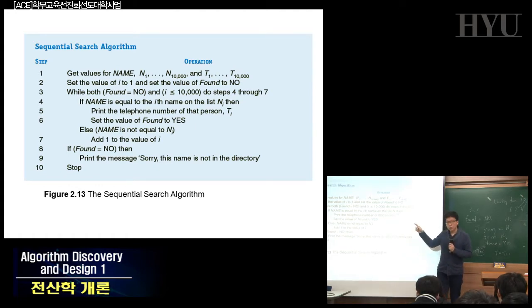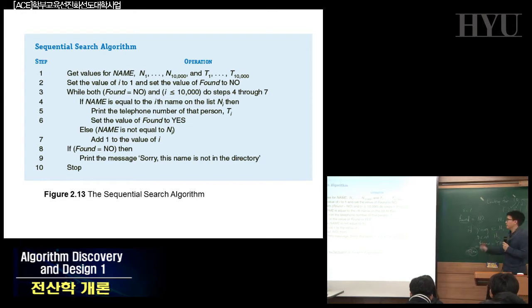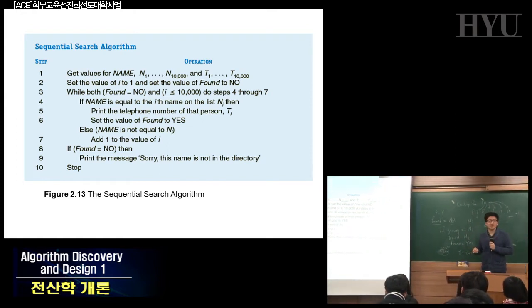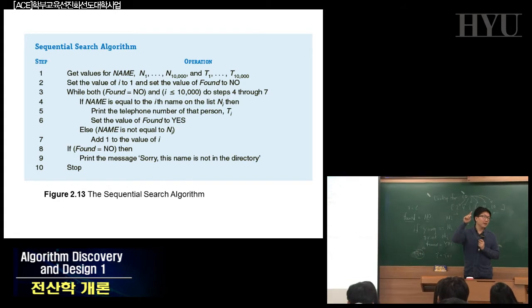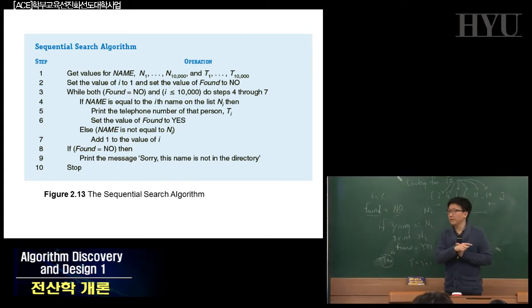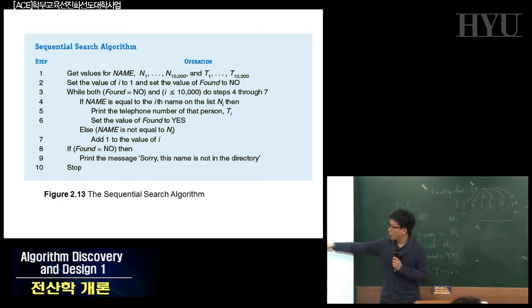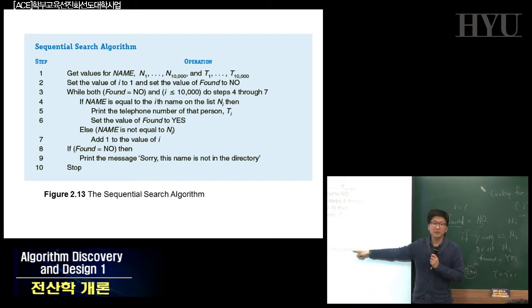So, in order to do that, I have to count the value of i. If i hits 10,000, it means I don't have anything else in my list. I should quit. When I'm quitting, I also print out the message.